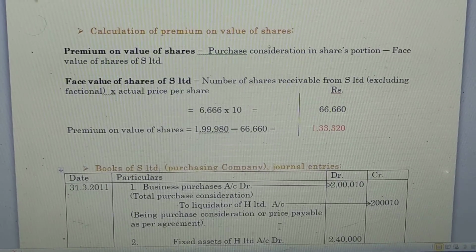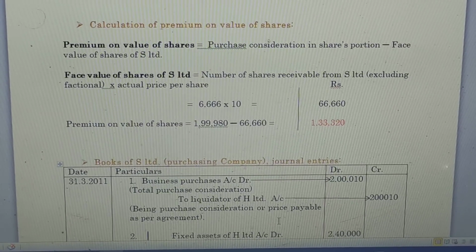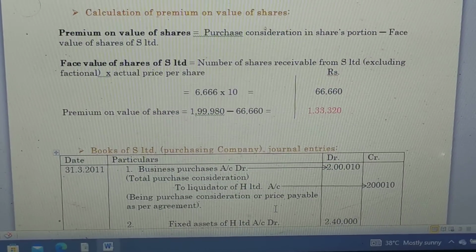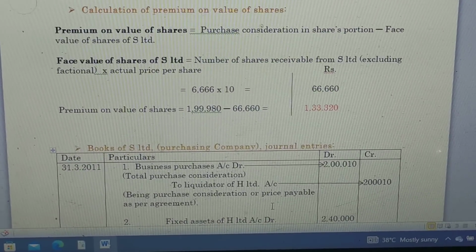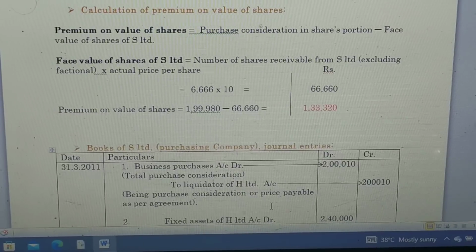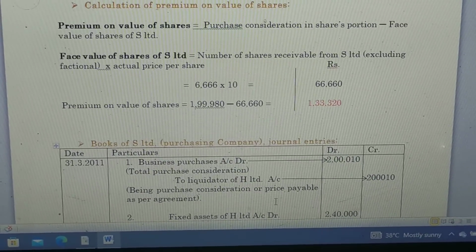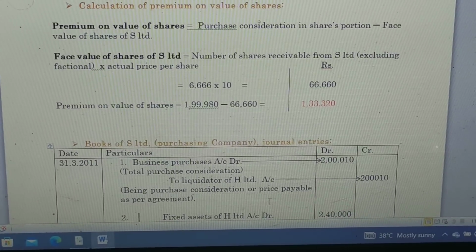We do not take any fractional payment, so we take only the face value of the shares. So 6,666 multiplied by the price per share of 10 rupees gives 66,660. That is called the face value of shares of S Limited.